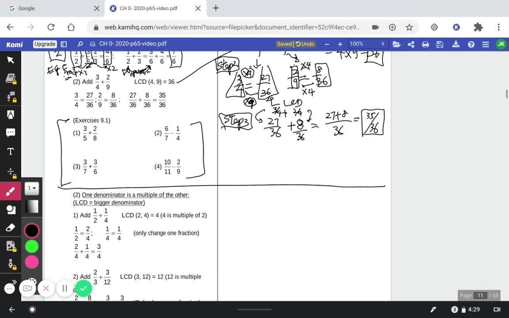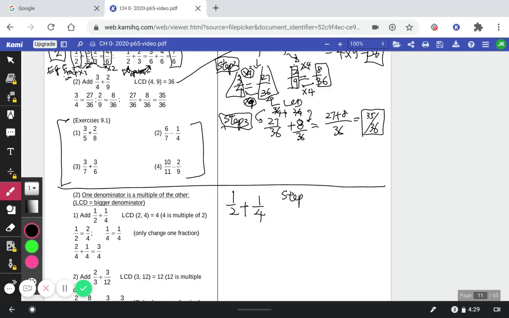Now, the next type of adding or subtracting fractions is when one denominator is a multiple of another denominator. We learned this one in the LCD practice in a previous video. Now you have 1/2 plus 1/4.